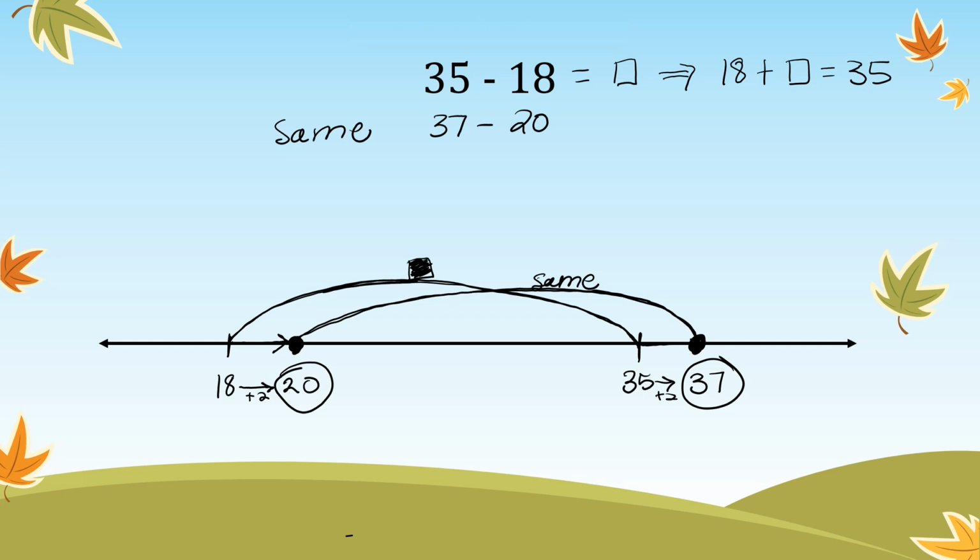Both ends have to move in order for that distance to stay the same. Now 37 minus 20 is a lot easier to think about, and that is 17. Or we can think of it as 20 plus what is 37? From 20, I could move up 10 units to make 30, and then 7 more units to make 37. Therefore, it must be 17.